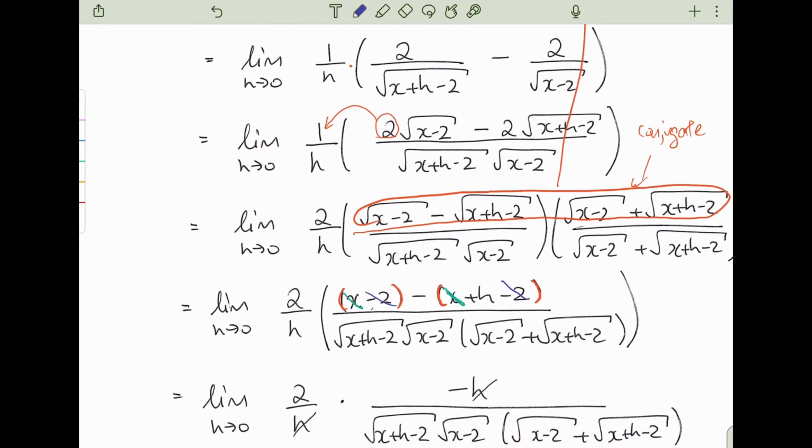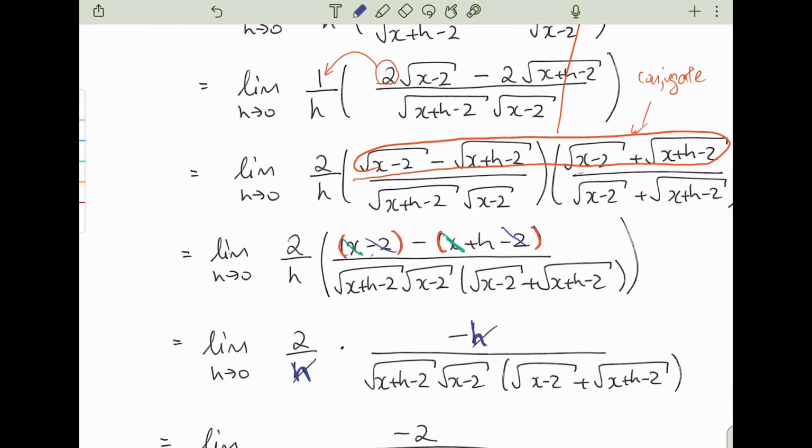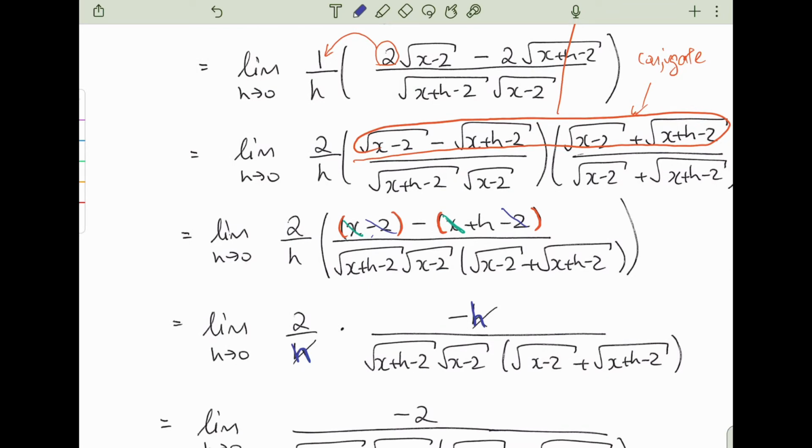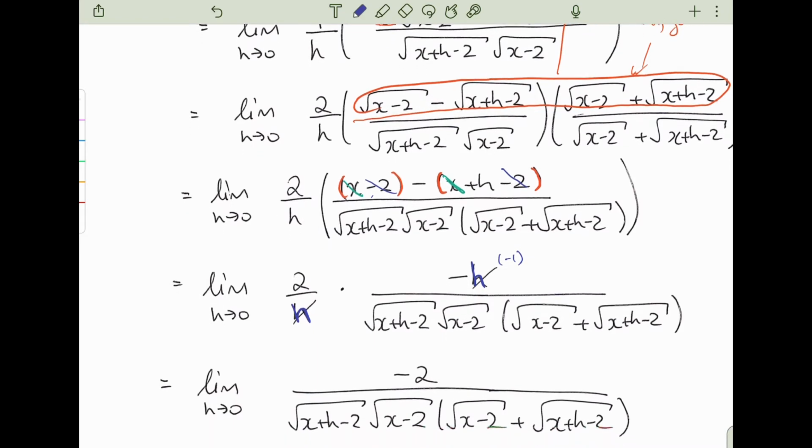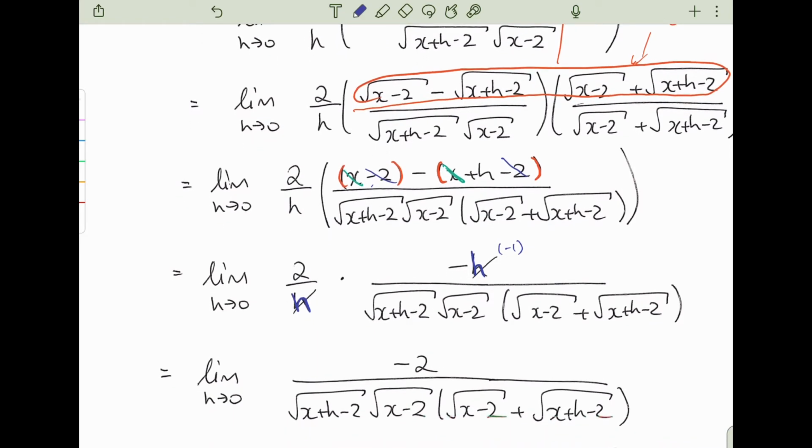This negative h can be cancelled with the h in the bottom. And now the top expression is left with negative 1. So this becomes negative 1. Okay. Now this negative 1 multiplied with that 2 becomes negative 2. And now we have cancelled out the zero factor, right?